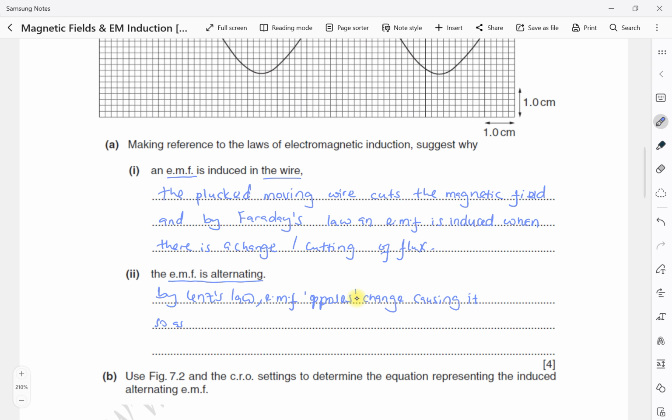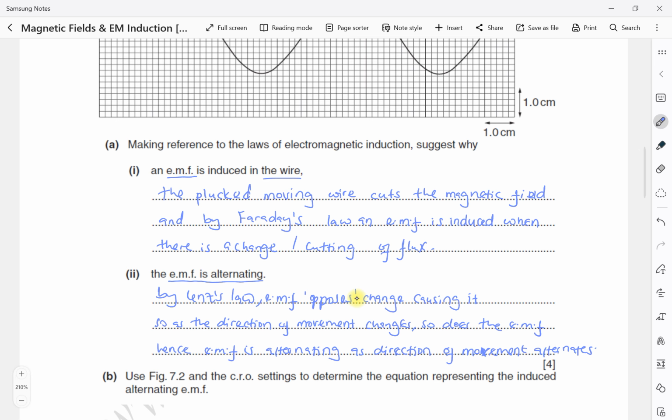So as the direction of movement changes, so does the e.m.f. Hence, the e.m.f. is alternating as the direction of movement alternates.